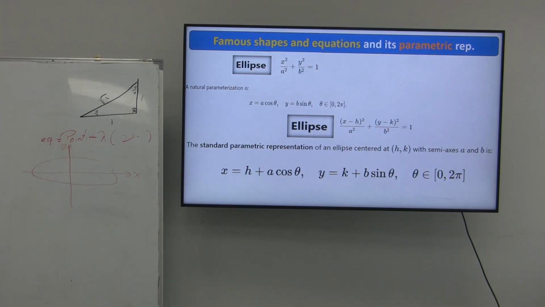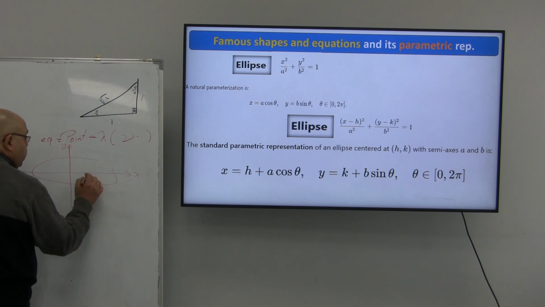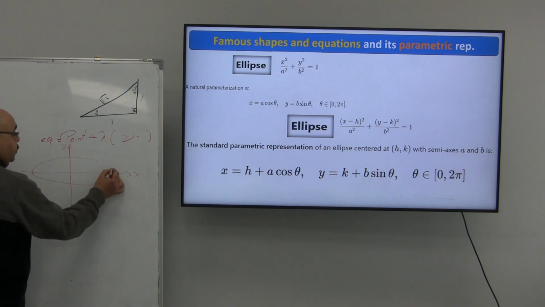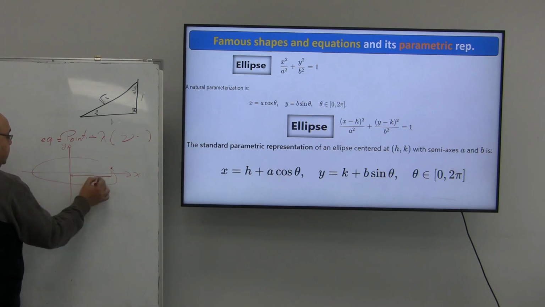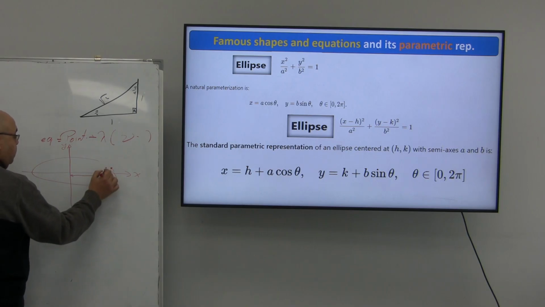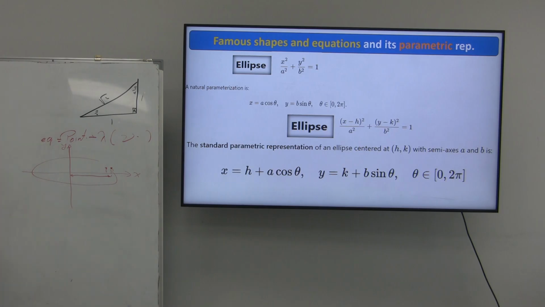The definition of the parametric is that it makes a trajectory for the x component and the y component. If I go to this point, which belongs to the ellipse, I will get the x component from this dimension and the y component from the other equation. Do you get what I'm saying? Mainly it's like making a trajectory of the points beside each other.